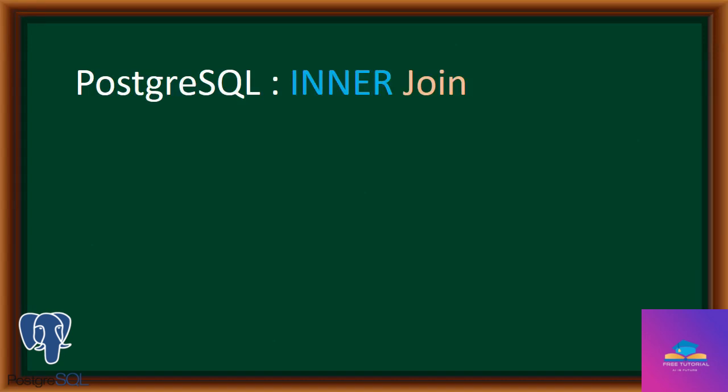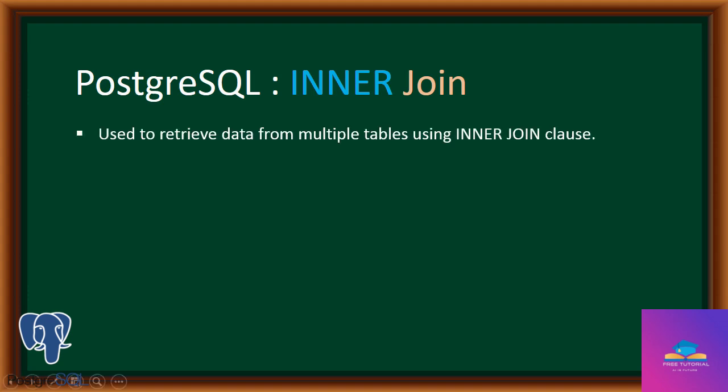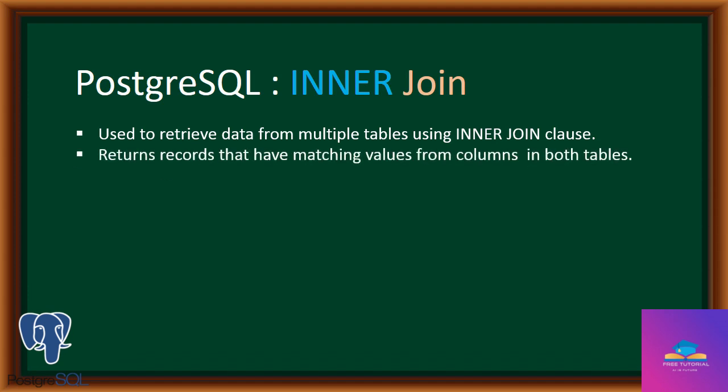Hello and welcome to this lecture. In this lecture, you will learn how to select data from multiple tables by using the Postgres inner join clause. With the inner join, it will return records that have matching columns from the participating tables.